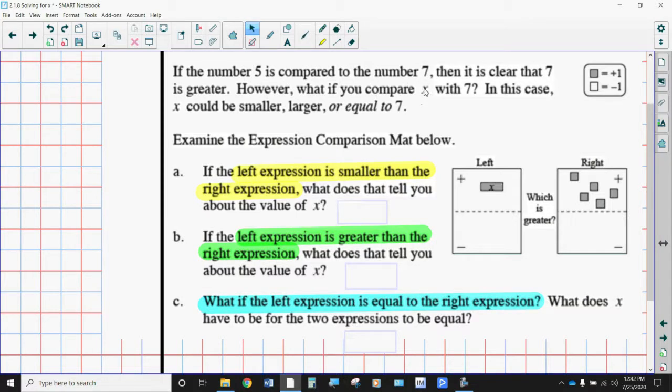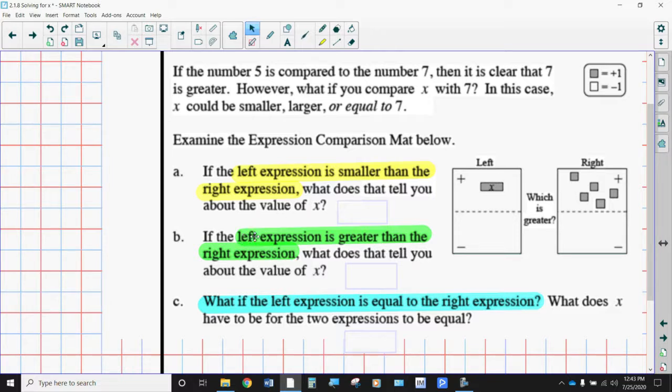However, if you're going to compare the variable x with 7, how can you tell which one is greater? Because if you don't know the value for x, you don't know if it's smaller, larger, or equal to 7. So consider this as a situation where you got the x all by itself on one side and you got 5 ones over here. If the left expression is smaller, if this is less than this, then what do we know about the values for x?